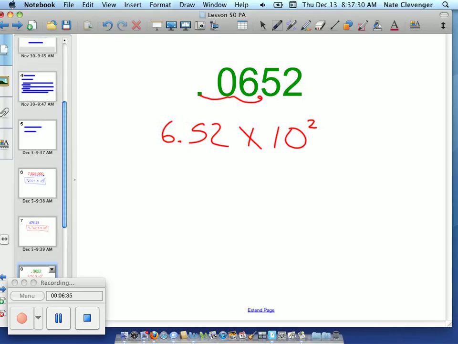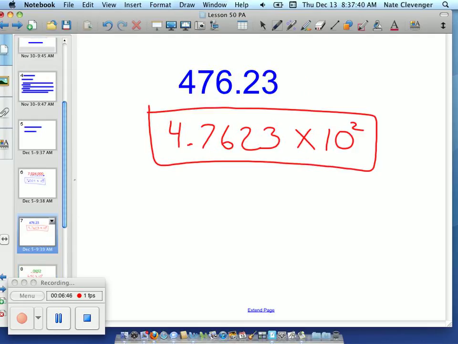Yes. Kelsey got me started on that. So here's the difference. When you start with a number that you're trying to write in scientific notation that is greater than 1, then your exponent is a positive exponent.